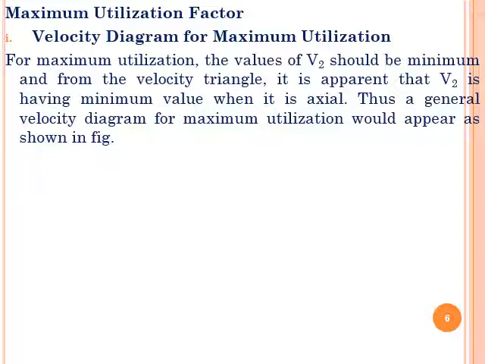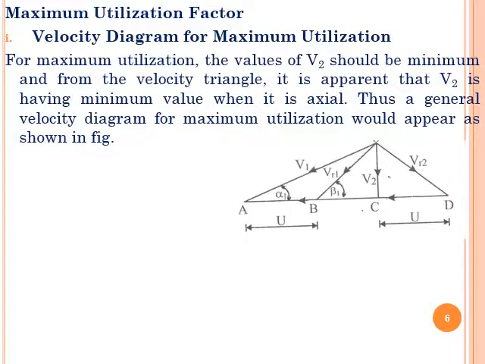Thus a general velocity diagram for maximum utilization would appear as shown in the figure. In this diagram V2, the absolute velocity at exit, is minimum. In this case we get the maximum utilization from the turbine.